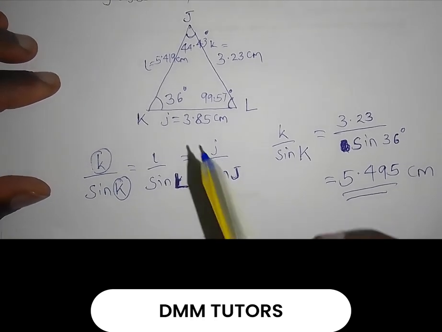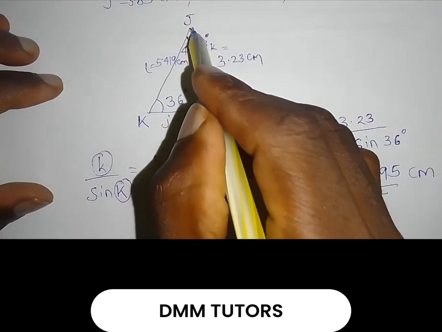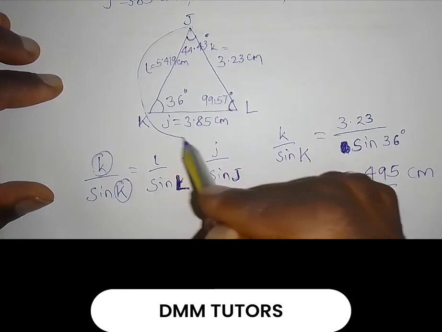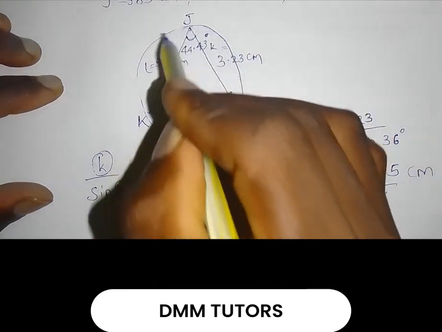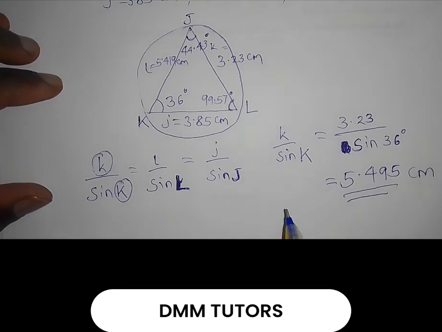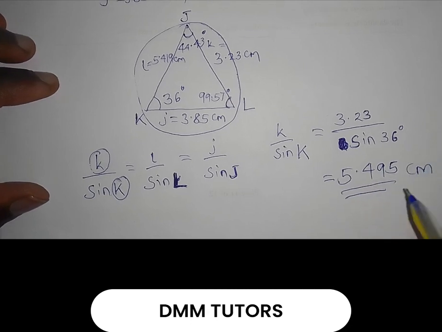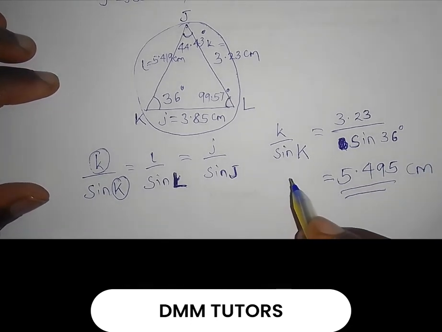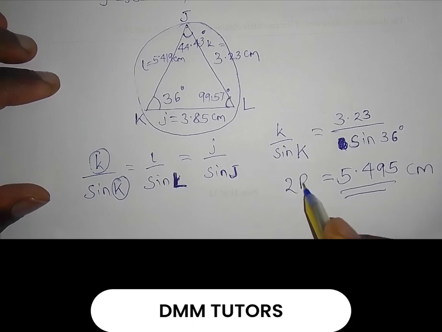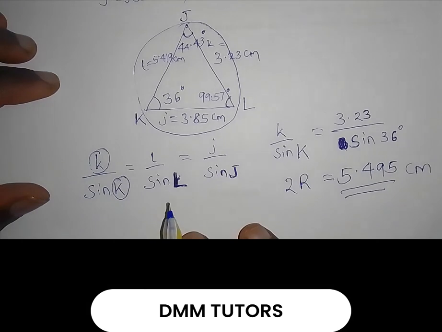So in any case, if we had this triangle circumscribed in this circle, then this ratio will be equal to twice the radius of the circle.